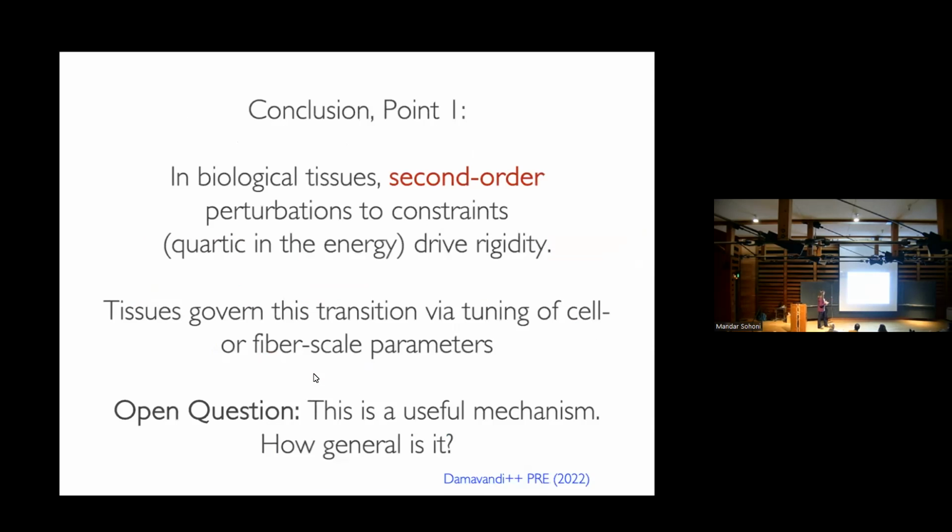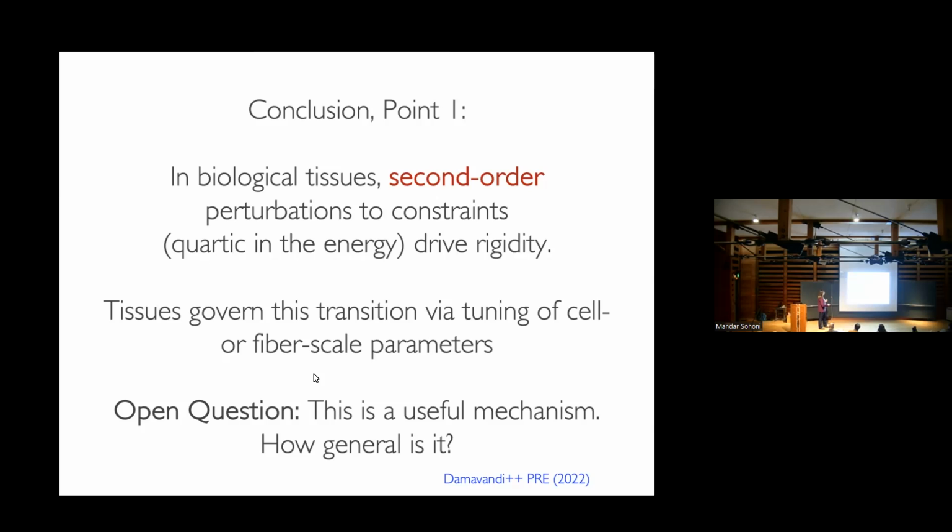So maybe the conclusion to this little vignette is that in biological tissues, second order perturbations to the constraints drive the rigidity. And the key point for this audience is that the tissues govern this transition via tuning of cell scale or fiber scale parameters, right?